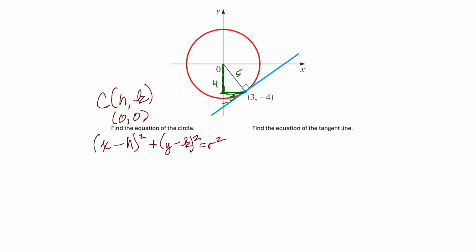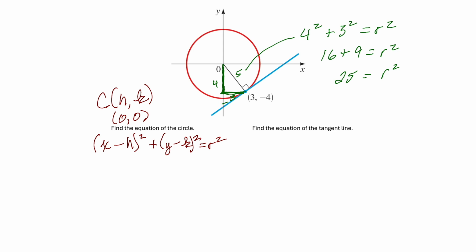So I know that's a 3, 4, 5 triangle. If we weren't sure of that, we could say 4 squared plus 3 squared is r squared. So that would give us 16 plus 9 equals r squared. R squared equals 25.